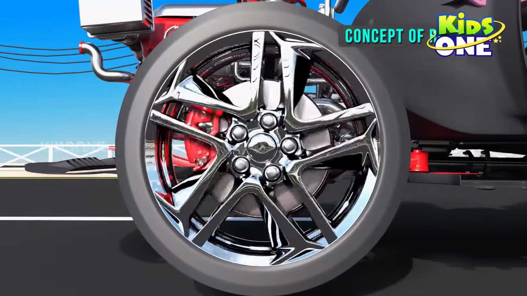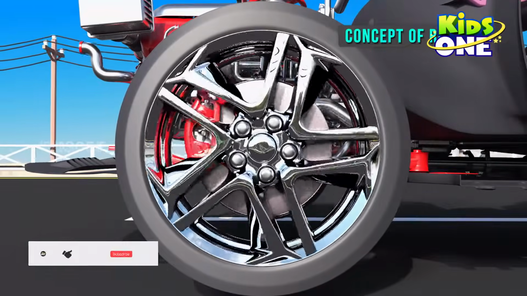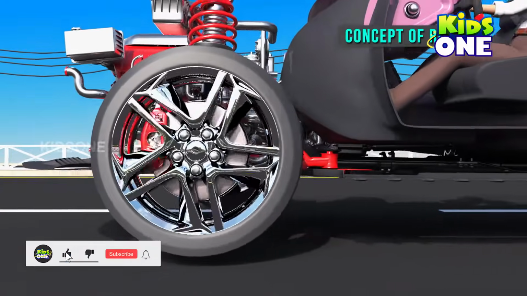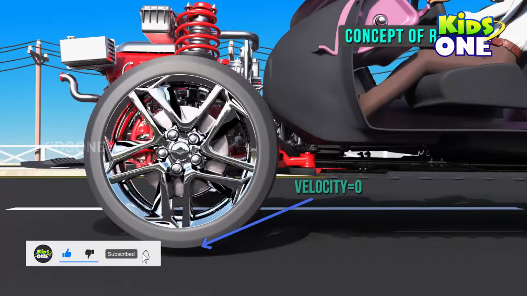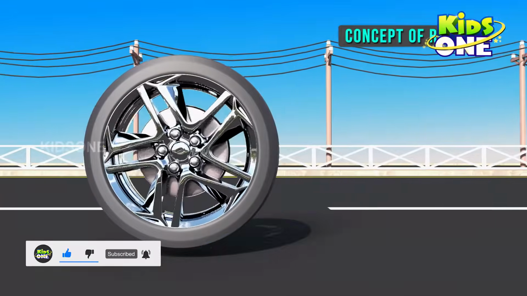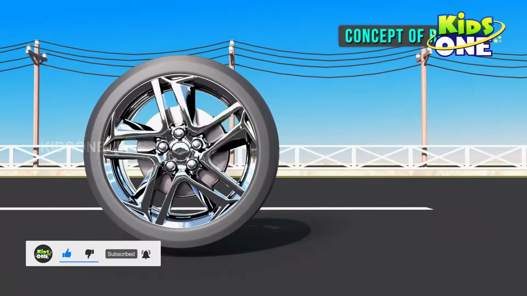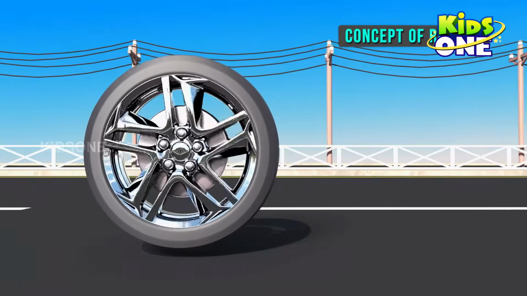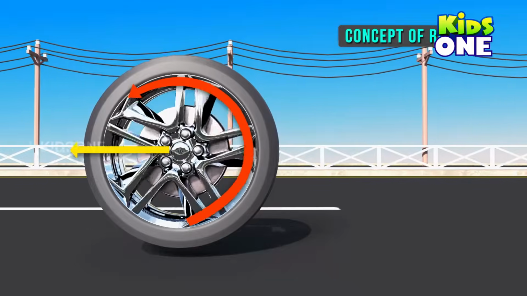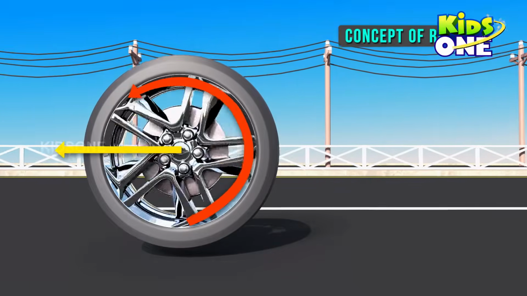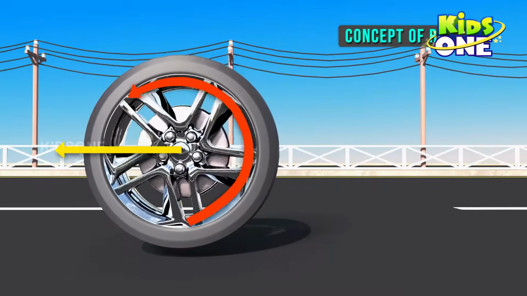The wheels will try to avoid slippage on the road, which means the velocity at the contact point is zero. The wheels have two kinds of motion. They rotate on their axis and also move in the direction of the car.